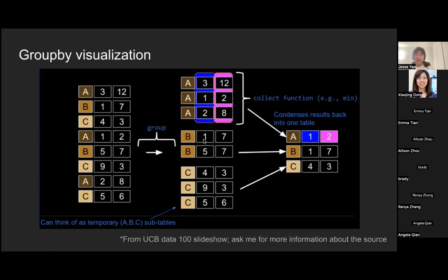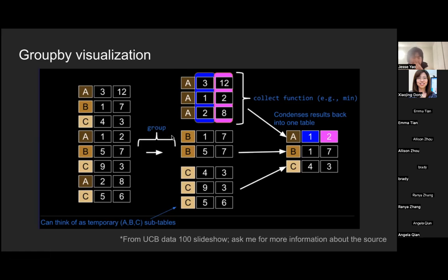Okay, so this was a visualization. This is definitely what I would fall back on if you're ever confused about what group by does. This is a very nice looking table, right? So as mentioned before, I have my original data frame here. Then I call group by, right?